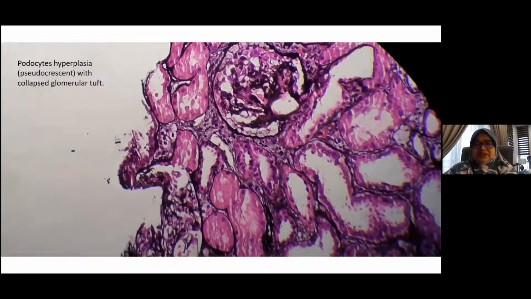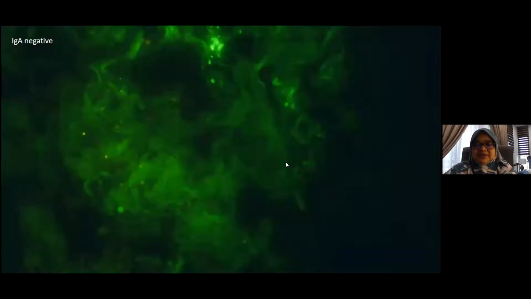This is the PAS stain. Again, we show some extracapillary proliferation, which seemingly looks like podocyte hyperplasia, and it is going in between the glomerular tufts. This is what we call pseudocrescents.